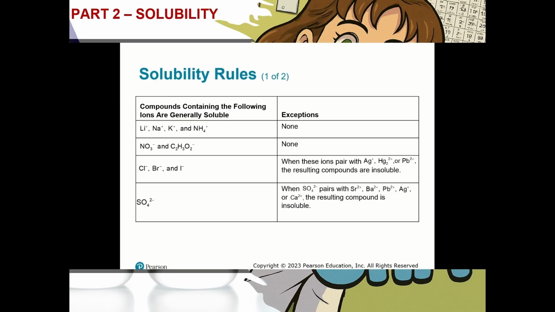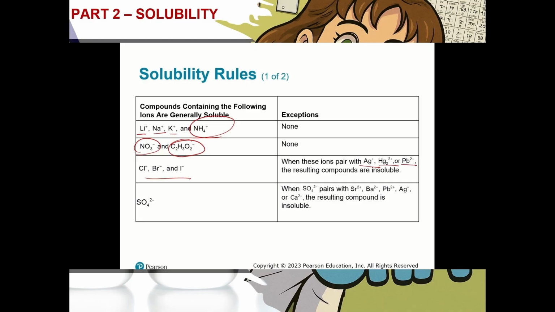So we have the solubility rules here that help us predict whether an ionic compound will dissolve in water. Some ions like nitrate, acetate, or alkali metals such as lithium, sodium, potassium, and also ammonium, will always be soluble. There is no exception. However, some ions like chloride, bromide, and iodide will not be soluble if they are paired with silver, mercury, and lead.